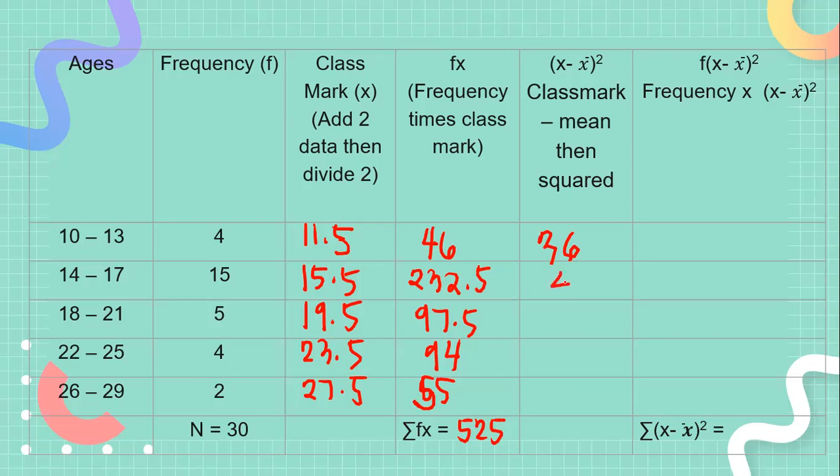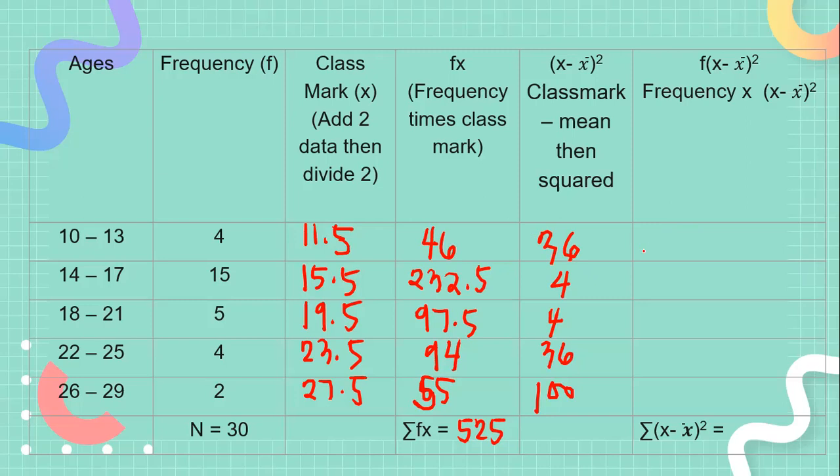Then, here is 4. Here, 36. Then 100. Okay. Now, to get the f quantity x minus mean squared, it is frequency times the answer of quantity x minus the mean squared. Okay? Now 4 times 36, class, how much? Okay, very good.